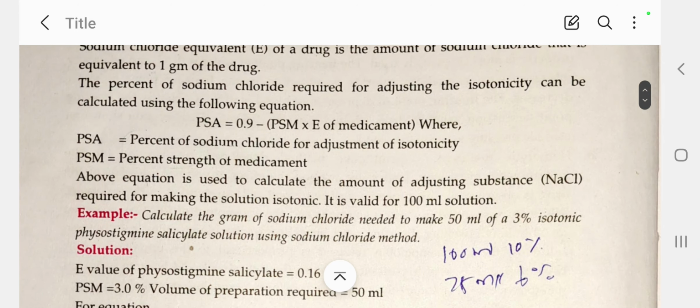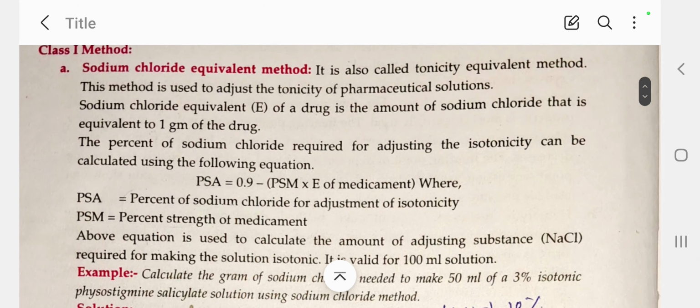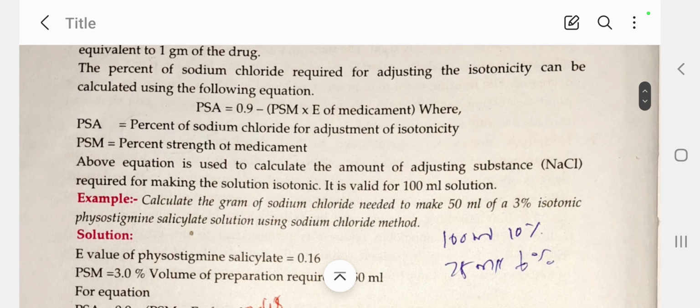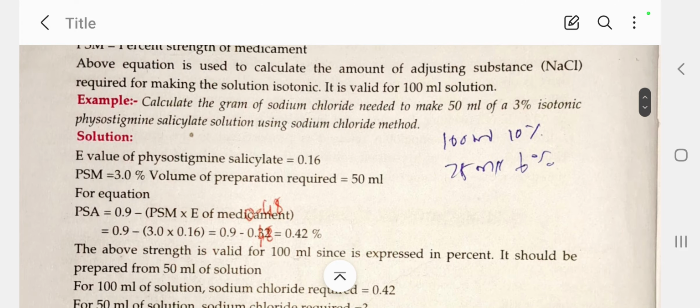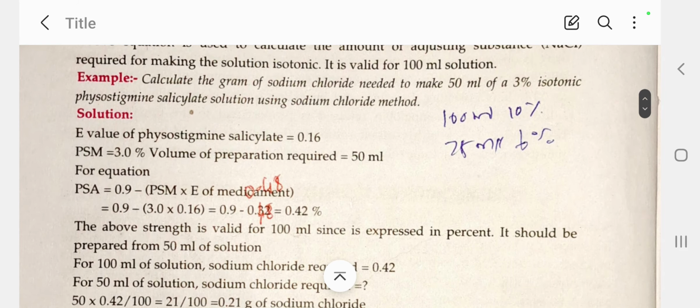We already know the equation to be used: PSA is equal to the percent of sodium chloride for adjustment of tonicity, and percent strength of medicament. Here we'll apply this equation.